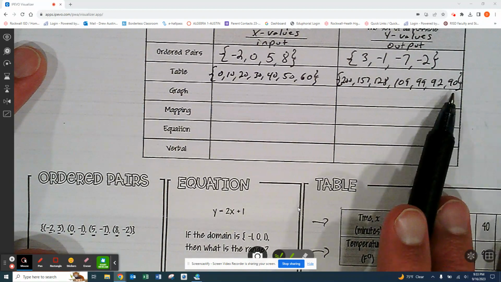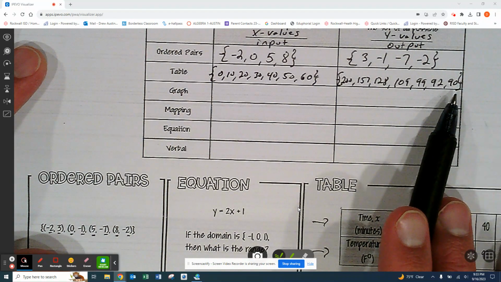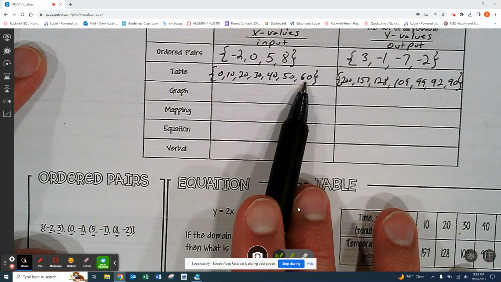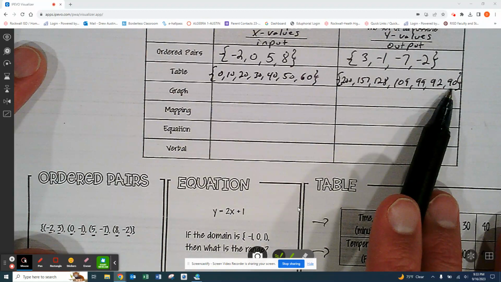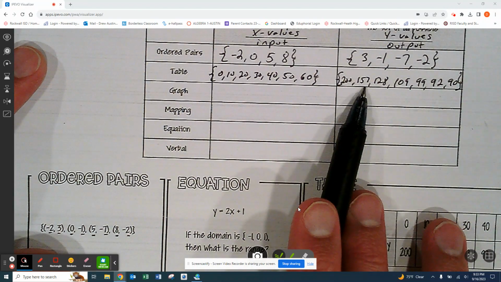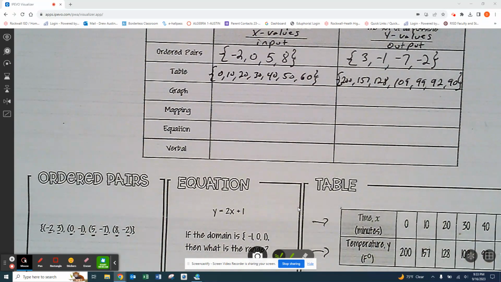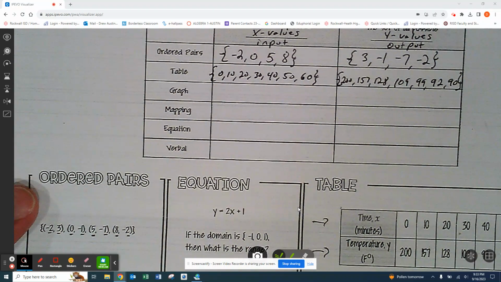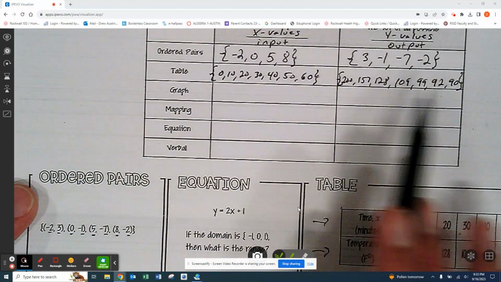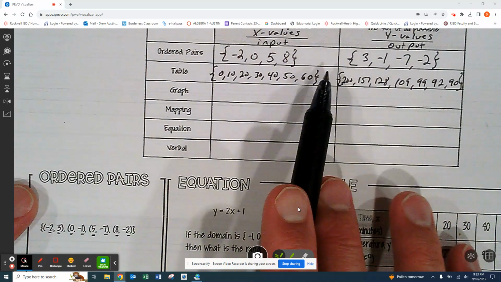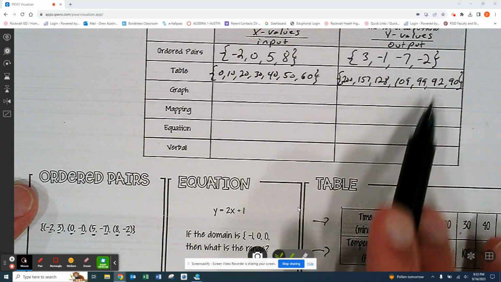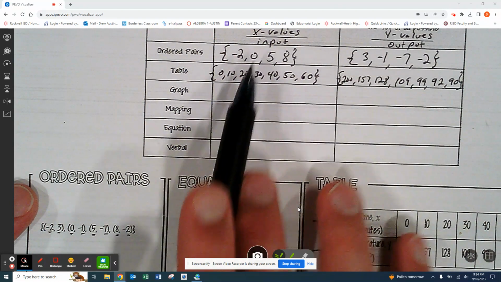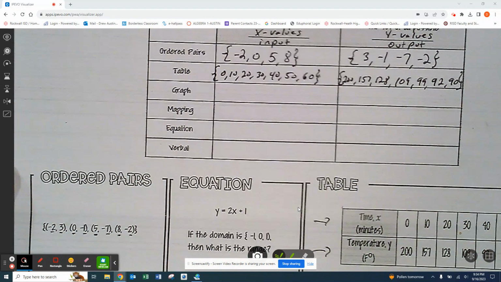It would not make any sense that at 60 minutes, it is both 90 degrees and another temperature like 157. An oven can't be two different temperatures at the same time. However, at 60 minutes, it could be 90, and at 65 minutes, it might still be 90 degrees. So your range can repeat, but your domain cannot repeat.